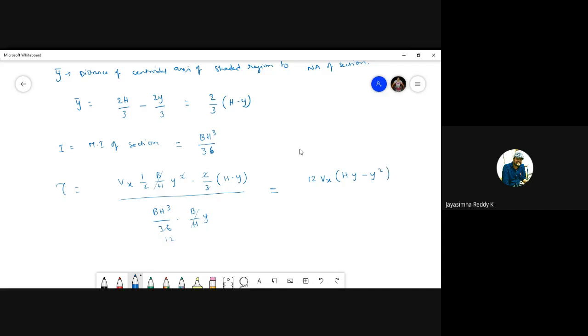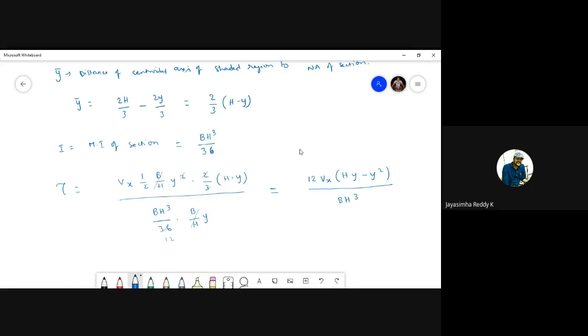So inside, we took one y, hy, h multiplied by y, minus y into y, y square, by bh cube remains. Okay, so this is what we have got. Now what can we write from this, students? Moment of area of the considered strip.